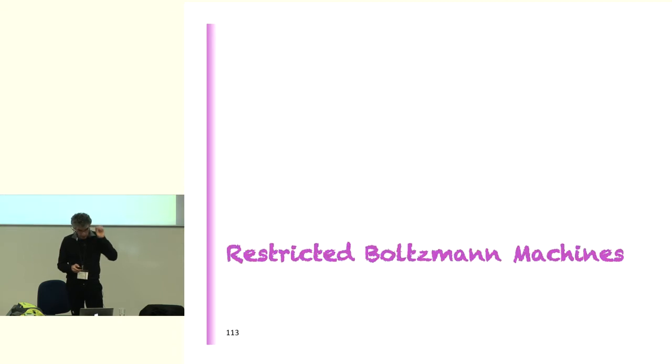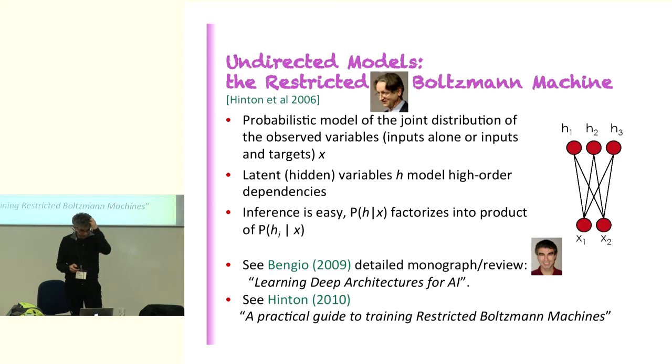All right, so let me tell you a little bit more about RBMs. I've mentioned them several times. They explicitly represent a joint distribution between inputs or visible X and latent or hidden H in a way that's very convenient. In particular, given X, you can predict H easily.